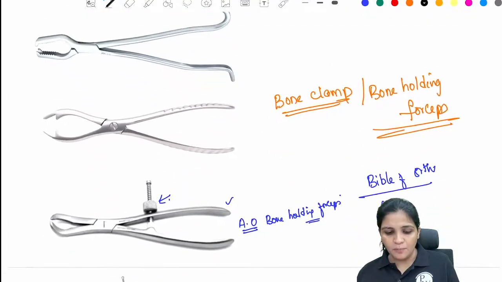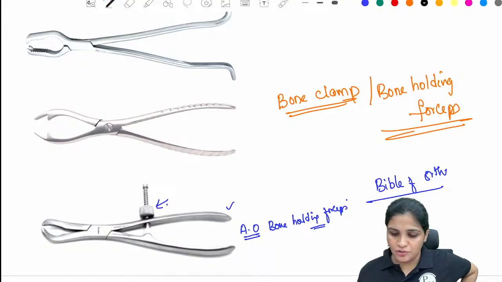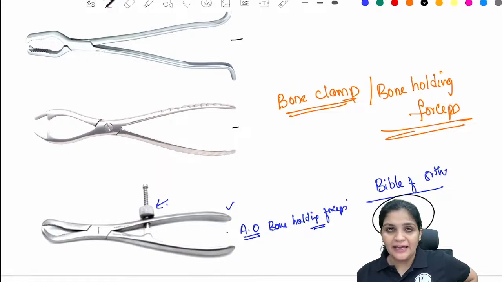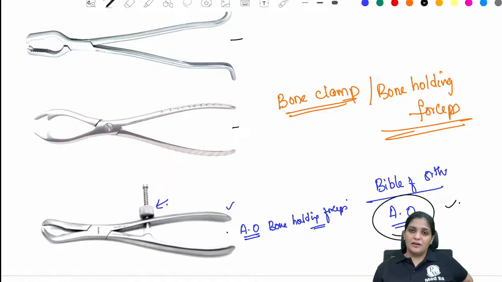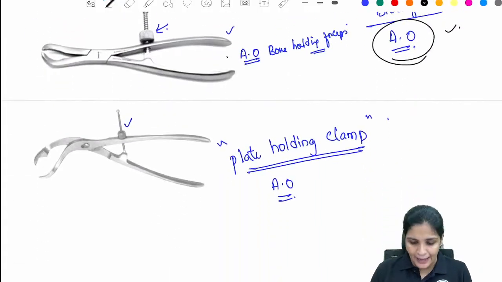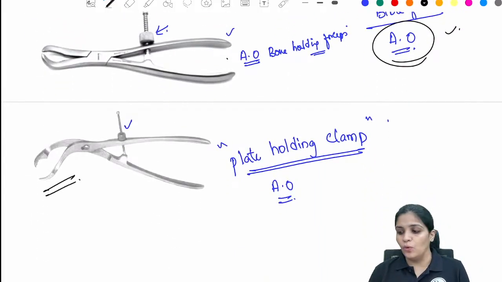And now these are your bone clamps, what we were talking about. So you have various clamps. This is one clamp, this is one clamp, this is one clamp. I was telling you about the AO clamp, right? AO is a group of orthopedic surgeons who have formed an association. So that is AO, and this is the AO clamp, and this is the bone holding clamp, and similarly this is a plate holding clamp.